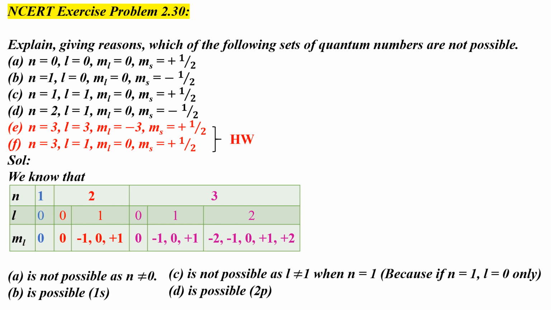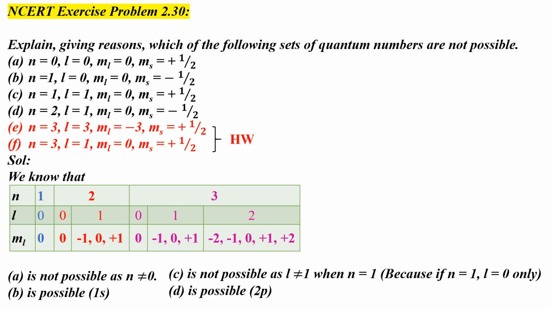And if you find any number other than half, then that set of quantum numbers becomes impossible. Only if you come across that situation, the whole set of quantum numbers would become unallowed. Now, when you have plus half and minus half, you need not bother about that. So let's start solving each set.